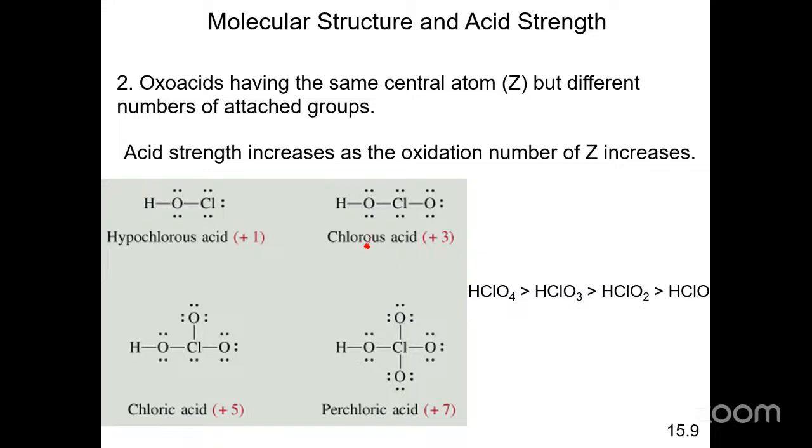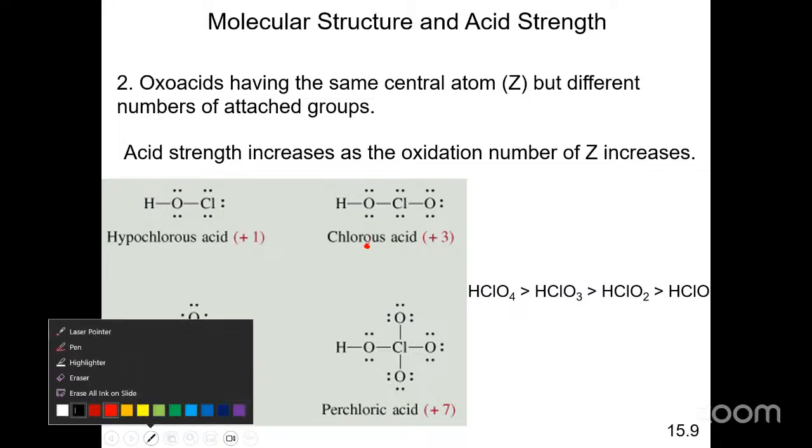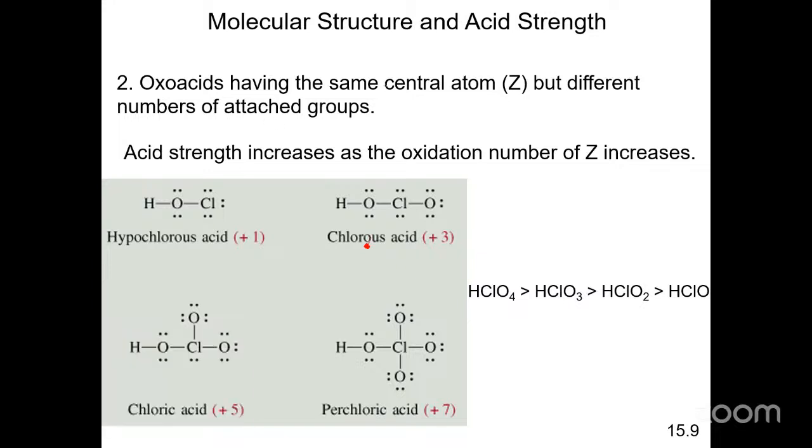You could compare, for example, sulfuric acid to sulfurous acid, right? What you'll find is that sulfuric acid will be a stronger acid compared to sulfurous for the same reason.